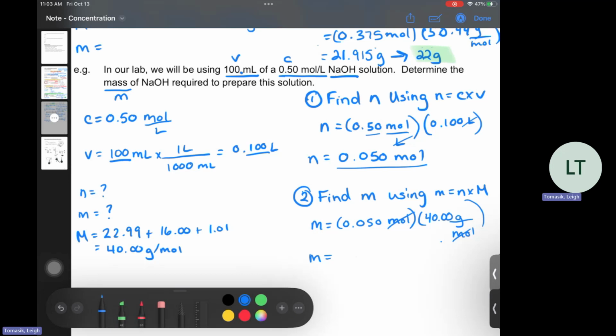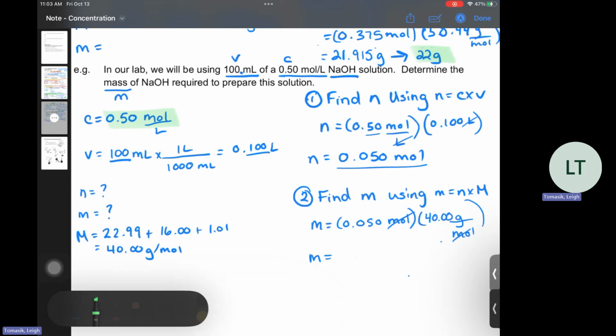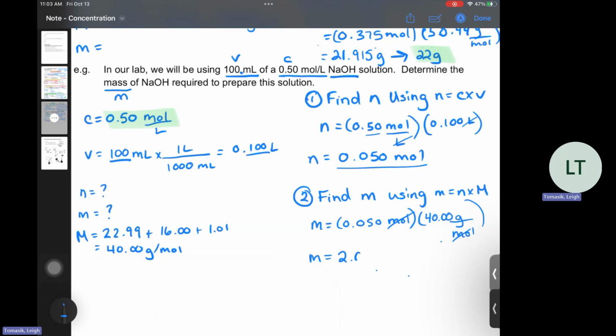But calculators don't know about significant figures. So I'm looking at the numbers given to me, and I can see that my concentration has 2 significant digits. So I'm going to make sure to turn my mass not just from 2 grams, but 2.0 grams, right? Meaning I should measure it to at least 1 decimal place on the scale, right?